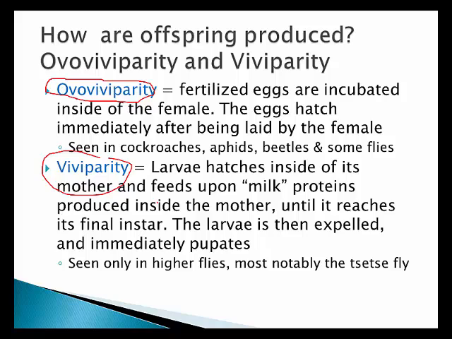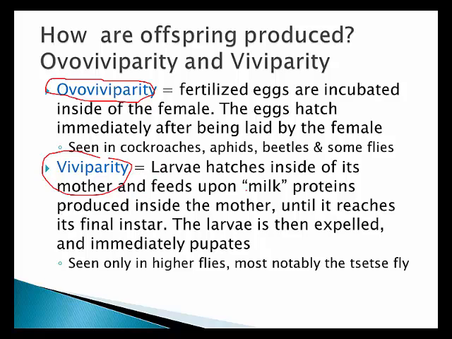And there's one example, which we'll get to in more detail in a moment, in which the female will produce a single egg, a single viviparous egg, which will become internally a single larva.